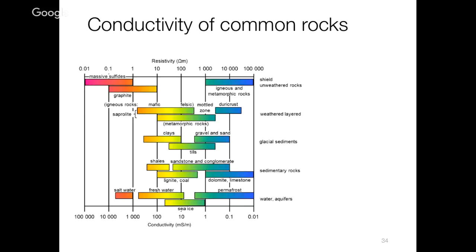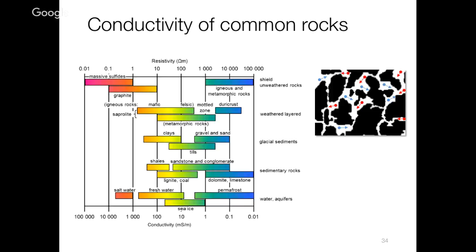Hydrocarbons, for anybody who's interested in that, sit right up here at about 100. Again, each kind of rock has a broad spectrum of the physical property, and it varies over many orders of magnitude. But it's still quite diagnostic. If you see something with a resistivity this low, you know that is definitely not an igneous rock.